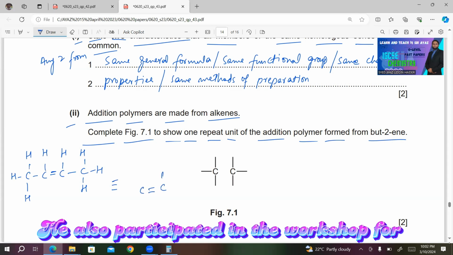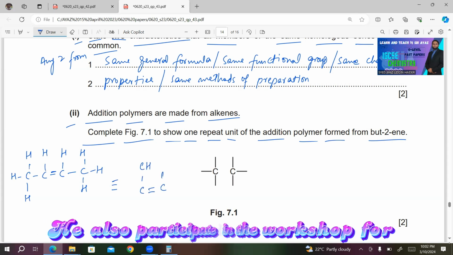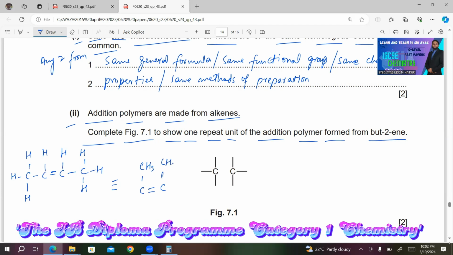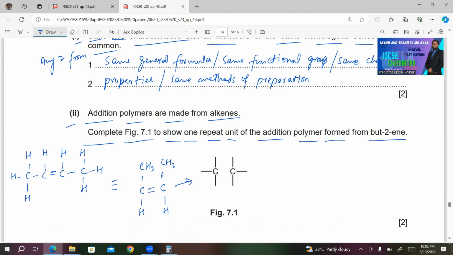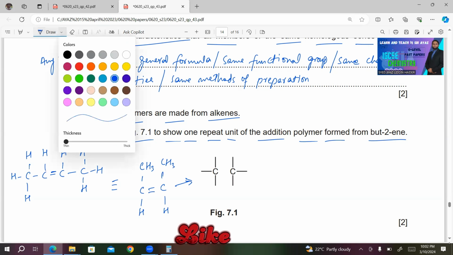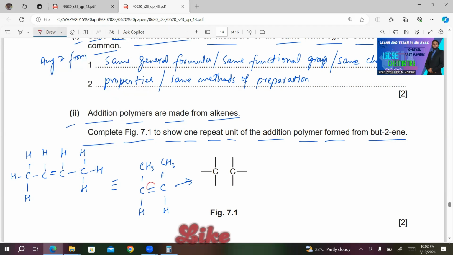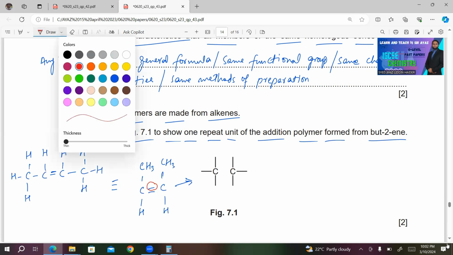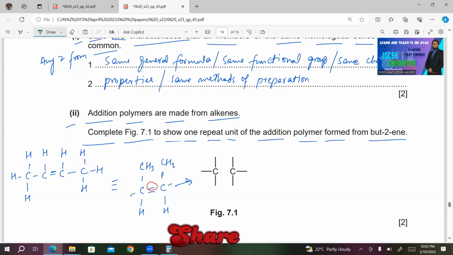It's better if you draw in this way, then you can draw the monomer produced during the polymerization. It will be easier for you. Now for the polymers, you simply have to remove this double bond and add two single bonds on the right and left hand side.